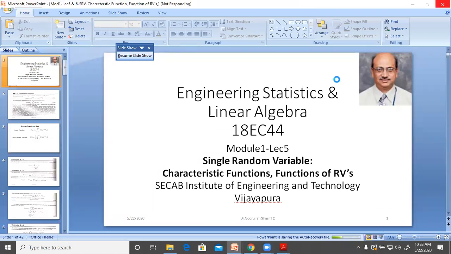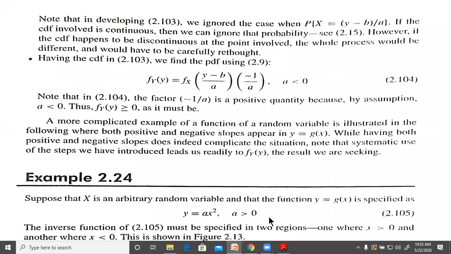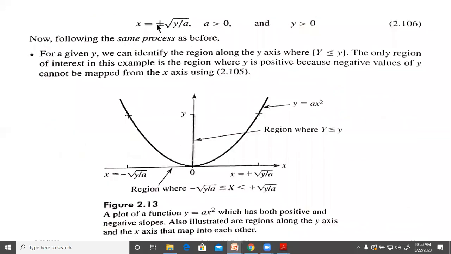So if you see over here, x will be equal to plus or minus root of y by a, and hence we'll get the value which is something like this. And in this case, you can have both x less than 0 and x greater than 0.